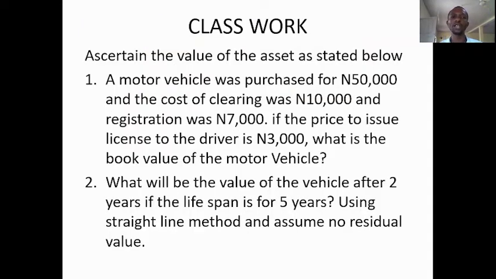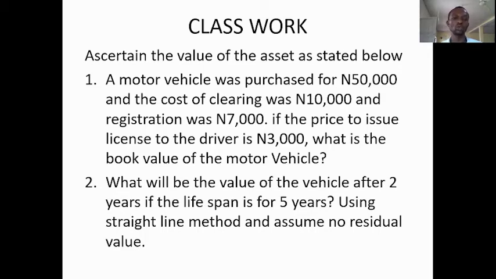Okay, before we go there, let's look at this classwork. The question is: ascertain the value of the asset as stated below. A motor vehicle was purchased for 50,000 and the cost of clearing was 10,000. Car registration was 7,000. If the price to issue a license to the driver is 3,000, what is the book value of the motor vehicle?